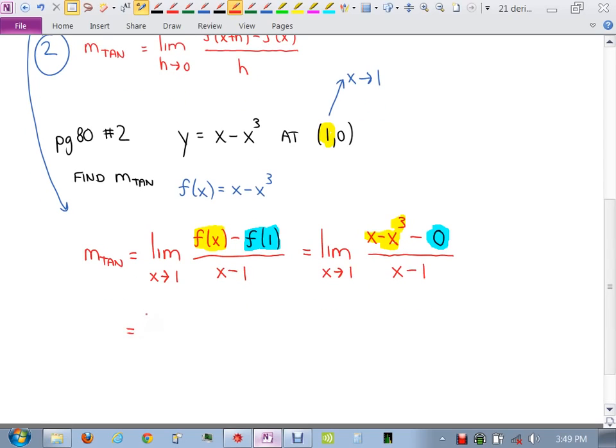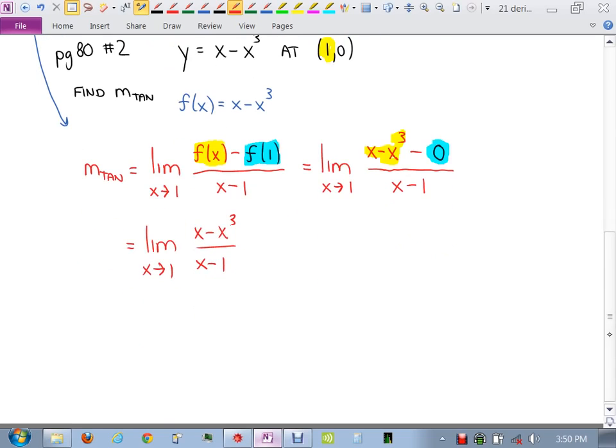So this limit becomes the limit as x approaches 1 of x minus x cubed over x minus 1. All we've done at this point is take the given function and say, hey, look, the slope of the tangent line at that point is equal to this limit. Now we have to figure out what the limit is.